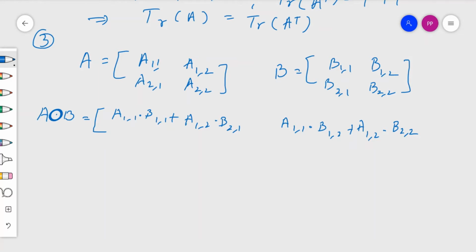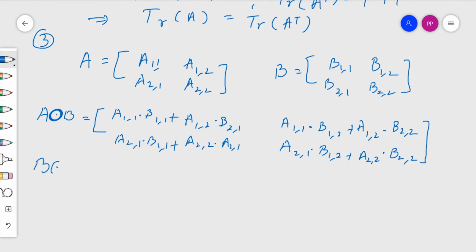Similarly, we can find the product A2,1 dot B1,1 plus A2,2 dot B2,1. However, this is redundant for finding the off diagonal elements. Yet I am just trying to give you a real sense of the products and the complexity of the operations.